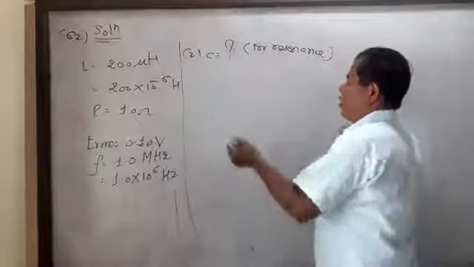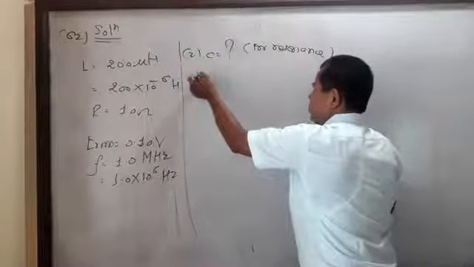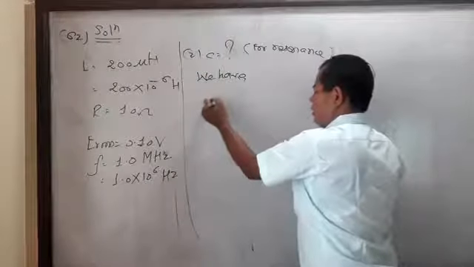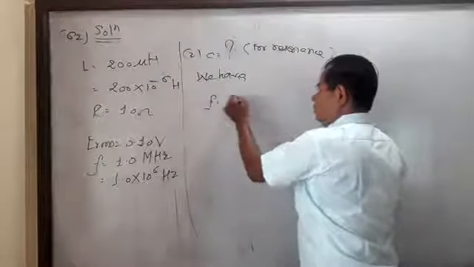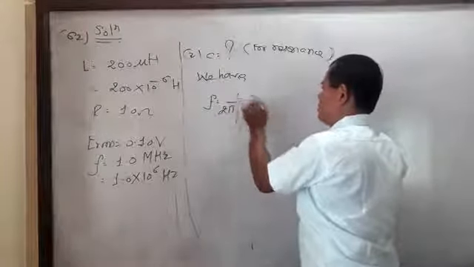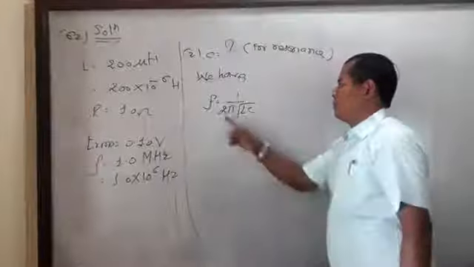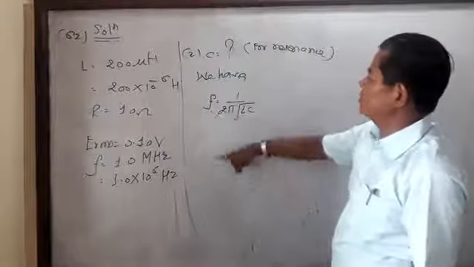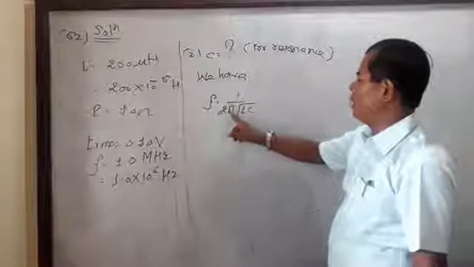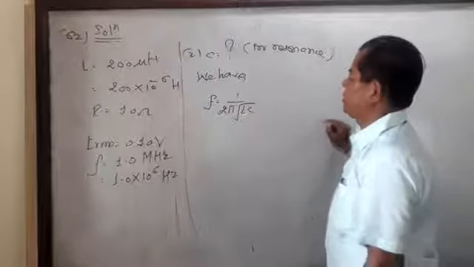So we know the formula of resonance: resonating frequency F is equal to 1 divided by 2 pi root under LC.